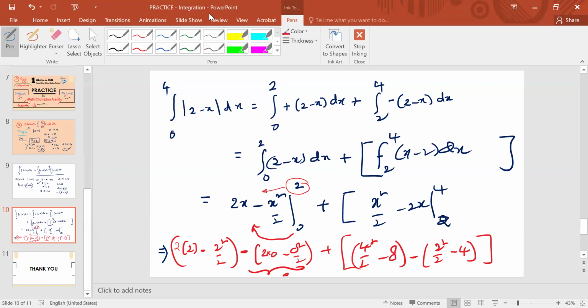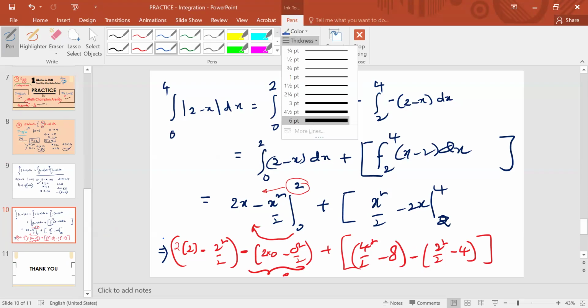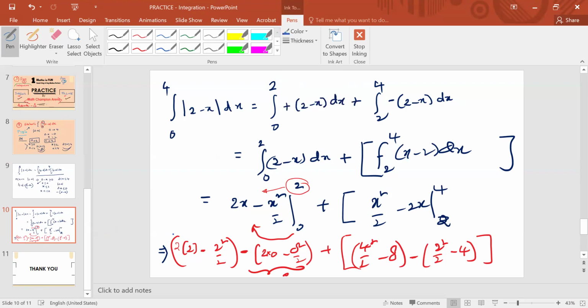So how do I get this answer here? This is 4 and this is 2, so 4 minus 2 is 2. And this 8 by 2 is 4, minus 8, so this is minus 4, and this is 2 minus 4 minus 2, so this becomes cancelled out.